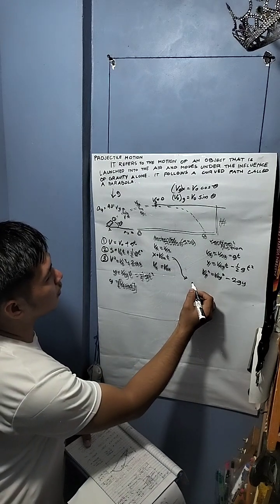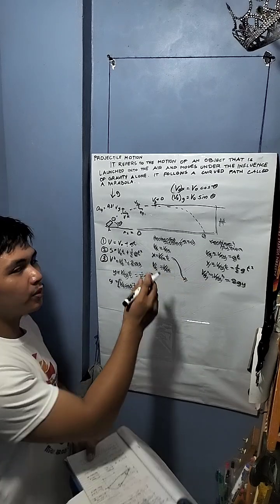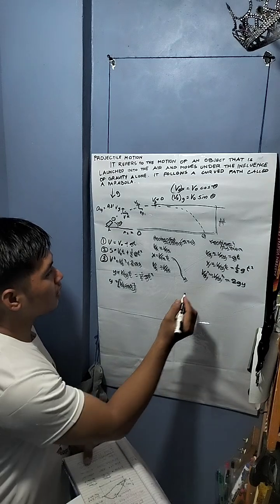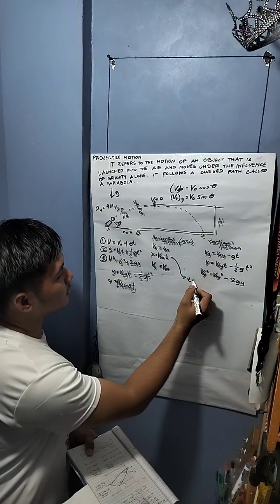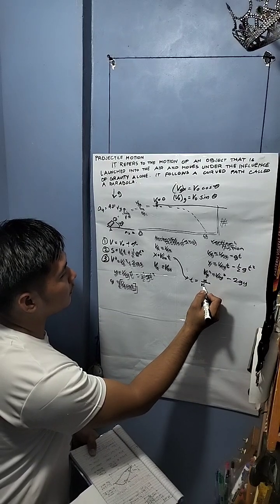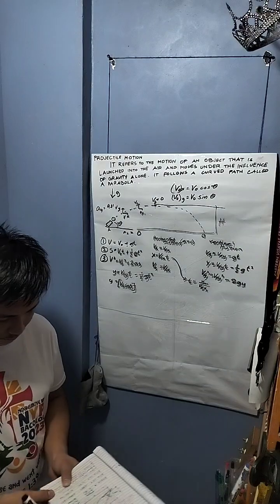If we divide both sides by V naught x, time equals x over V naught x.